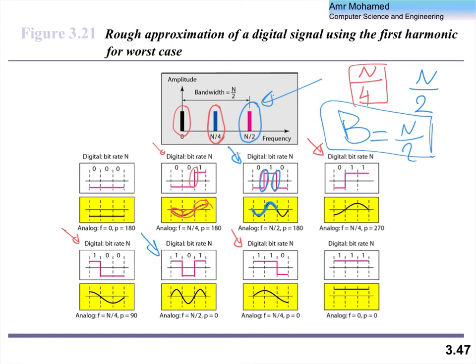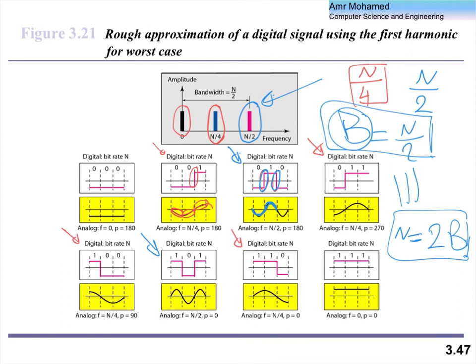I can use one single sine wave to represent all the 3 bits, and actually even 4 bits. So the bandwidth will be n over 2, and this is the roughest approximation. In other words, if you have a specific bandwidth, you can use a bit rate of double the bandwidth.